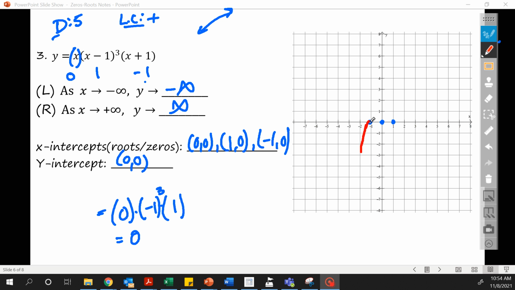So it's going to pass through here, and pass through here. Now it actually kind of looks like a cubic. It looks like a 3rd degree because of the turning points, and that can happen when you have zeros that show up multiple times. That can happen. And if we look at it in Desmos, you can get a more accurate picture of what it looks like.